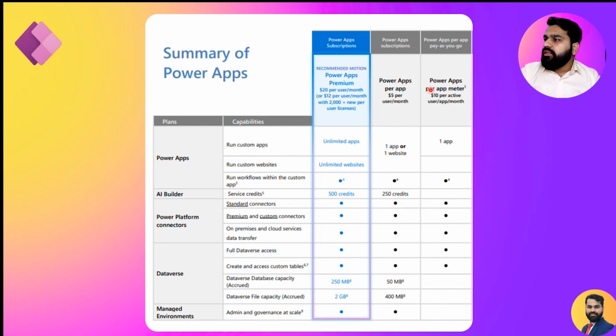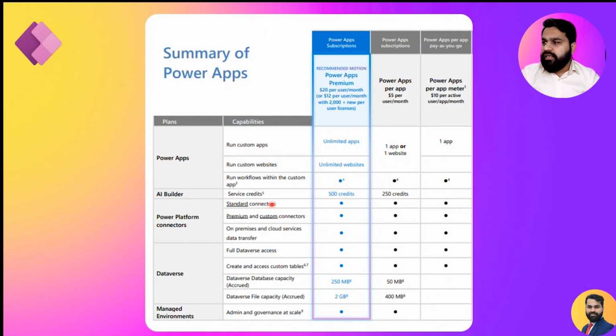When we talk about the third type of licensing subscription, which is pay as you go, it is $10 per active user per app per month. This does not give the capability to run a website. This only gives us the capability to run one application. Users will be able to run the workflow within the custom application. It does not give any AI Builder capacity.